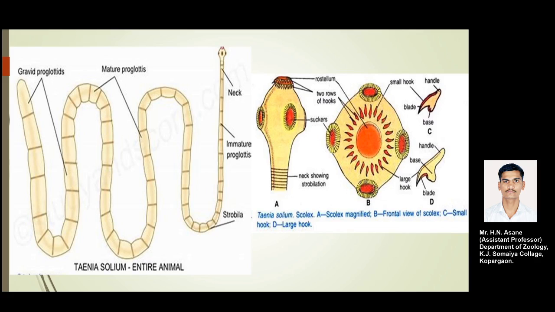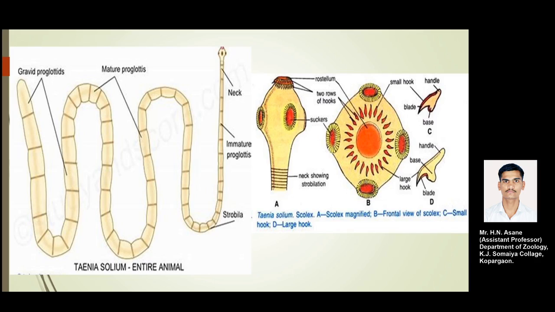As you can see, this is the scolex or head, in the right picture. You can see the morphology: neck, integument, the immature proglottids, and the strobila. When the immature proglottids thicken and become broader, they become mature proglottids, the broadest segments of this animal.